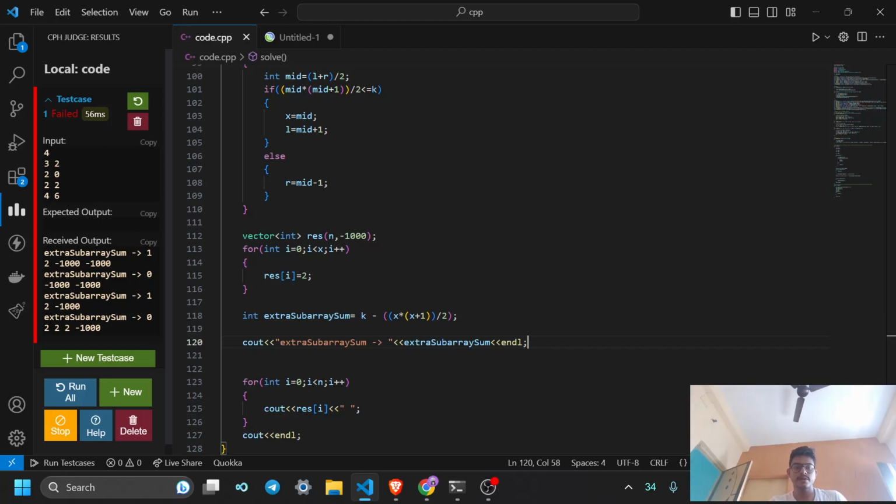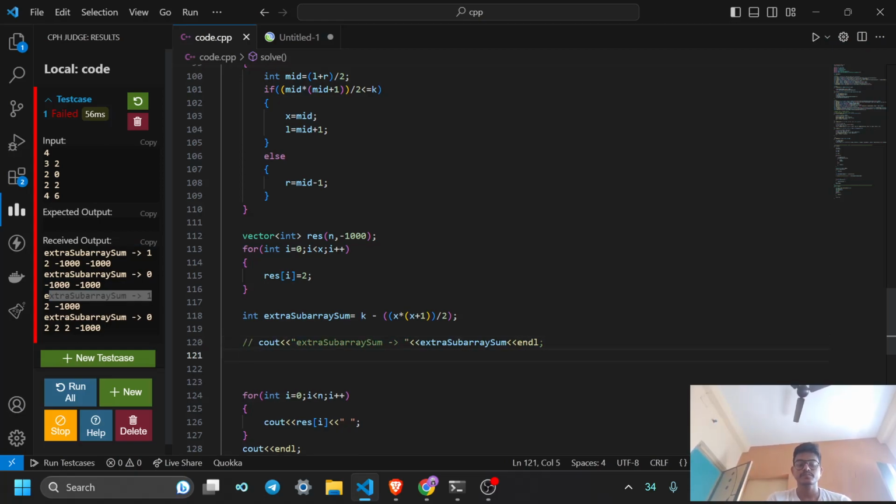In case of the third test case, 2 comma 2, I have added only one positive integer, but I need 2, so what I need to make is 1. Then I have to work on that extra subarray sum. So how can I achieve that extra subarray sum?